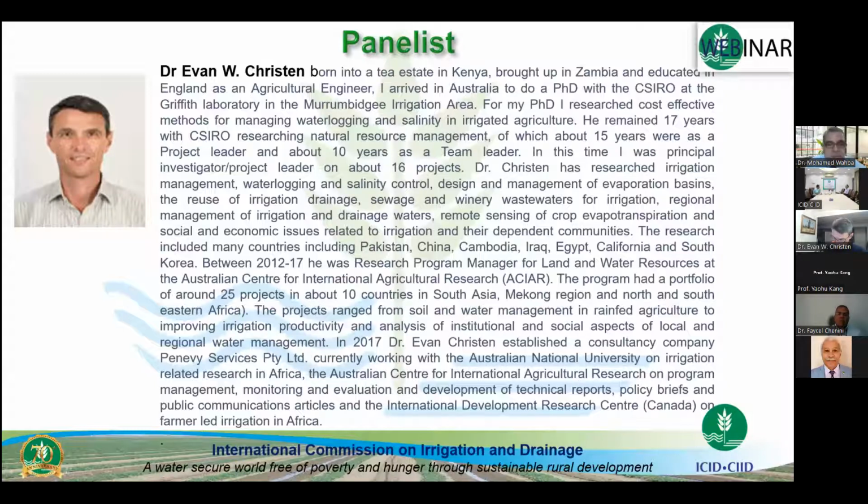During his time, he was a principal investigator and project leader on about 16 projects. Dr. Kristen has researched irrigation management, waterlogging, salinity control, design and management of evaporation basins, the use of irrigation drainage, sewage and winery wastewaters for irrigation, regional management of irrigation and drainage water, and remote sensing.